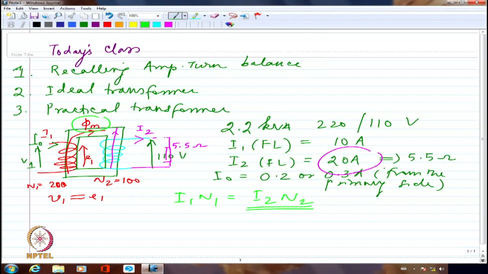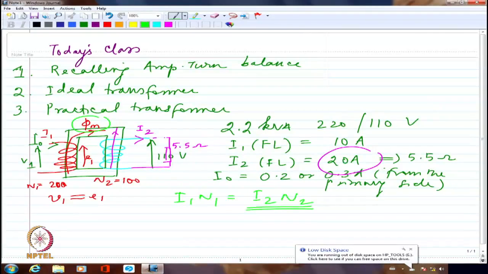After that, whatever is the current drawn due to the load being included, that will always be nullified by the current that is drawn from the primary to make sure that the ampere turn is quelled completely. That is what is going to be happening.